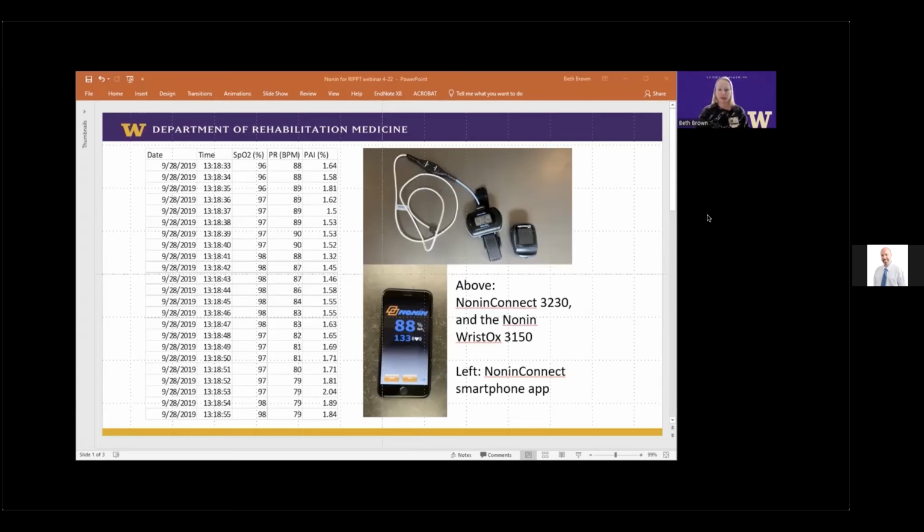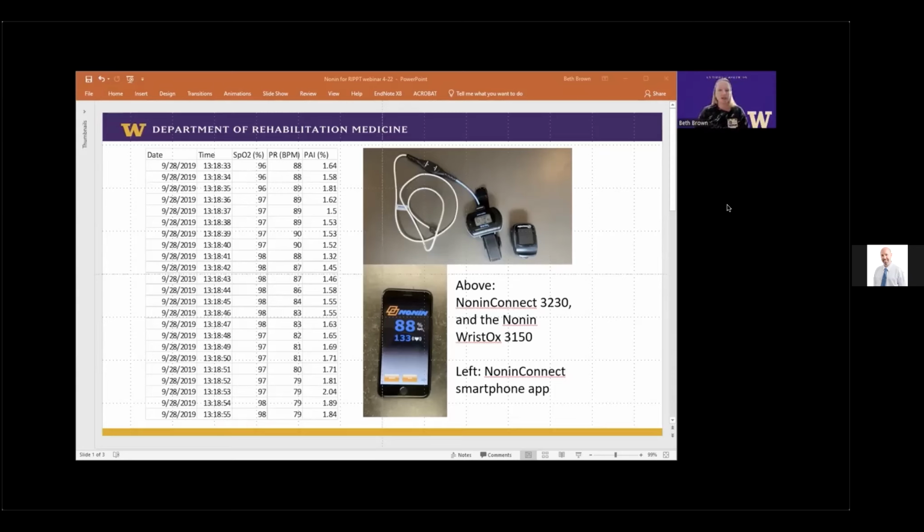Neither of these are available to the consumer because they are a medical device requiring a physician prescription. The 3230, this just fingertip one, is about $250 or so. The wristox is more expensive. It's somewhere around $600. And the sensor for both, like I said, is at the fingertip, unless you get the special forehead one, which you can buy separately, and they are little adhesives that can make them single use.